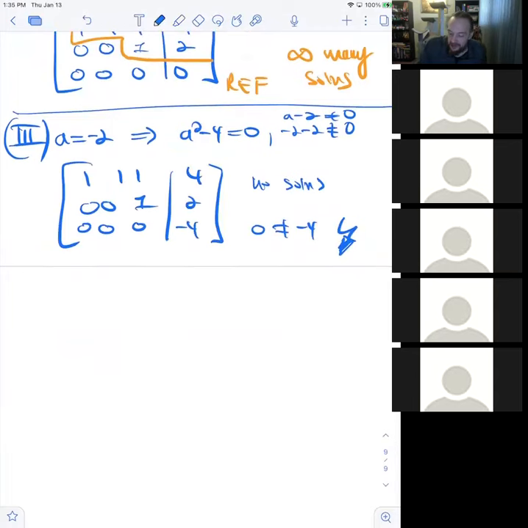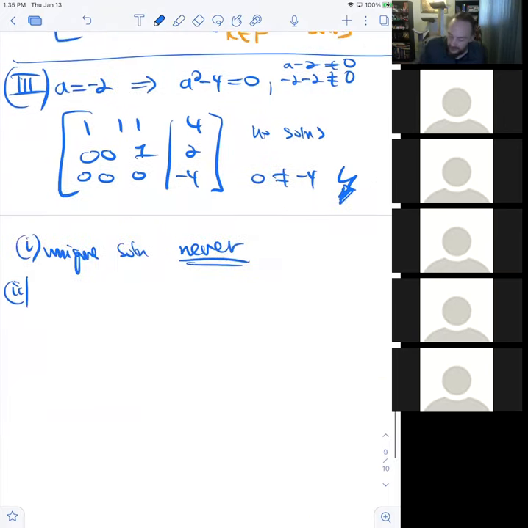So one, unique solution: never. Two, no solution: as long as a does not equal 2, we get no solution.